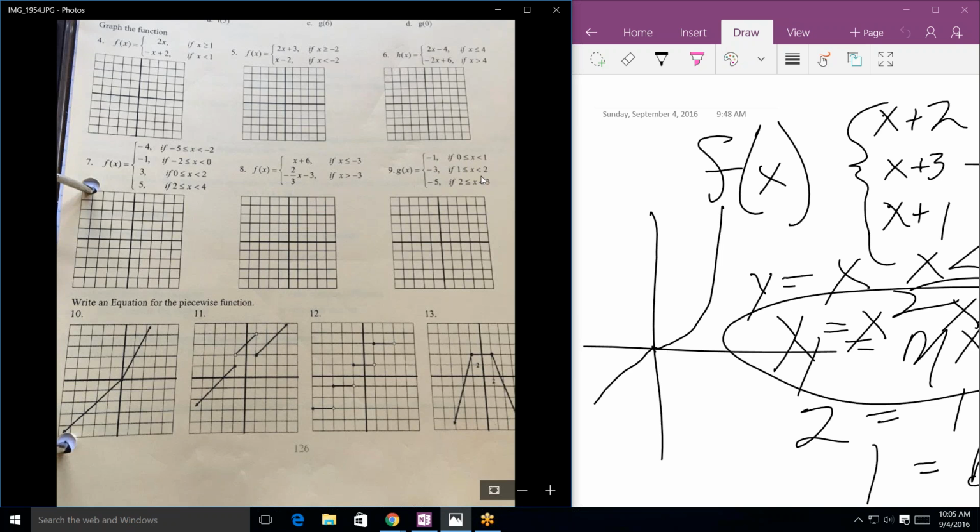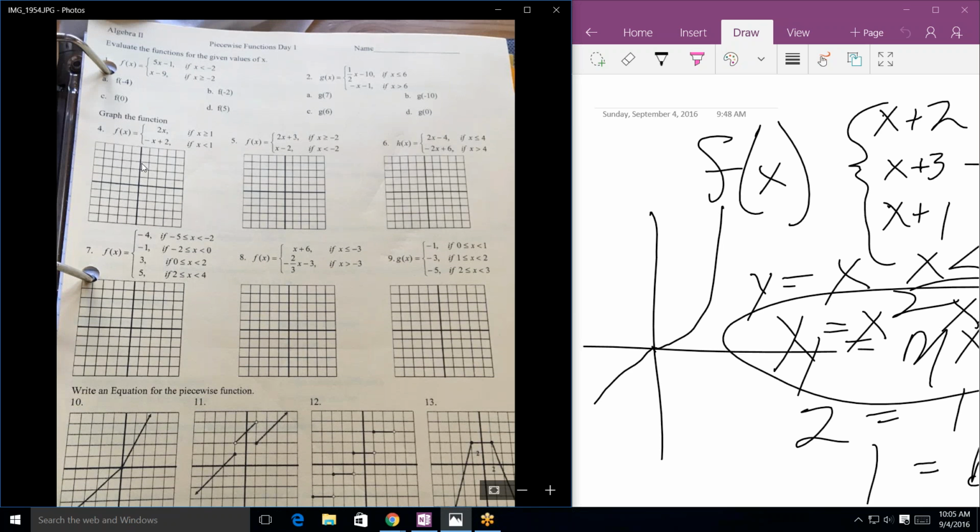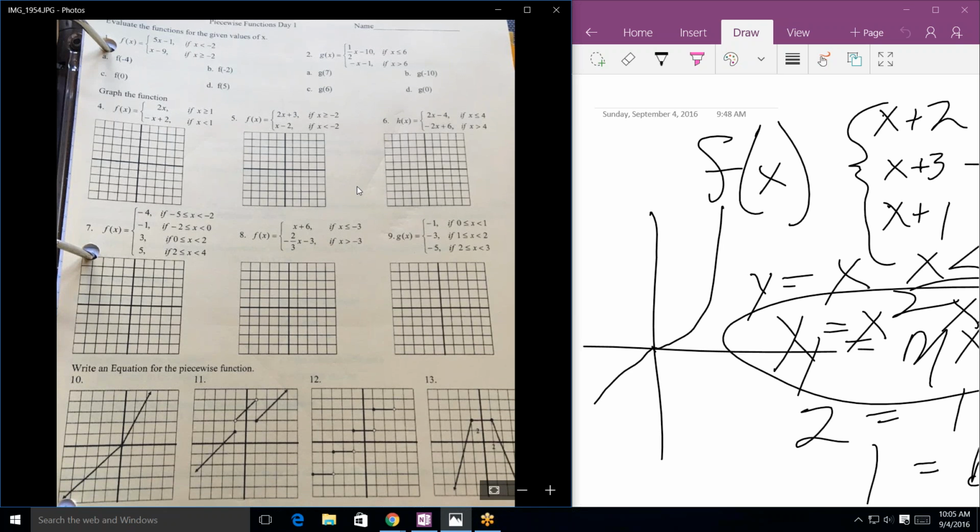Start with the domain. Now, I notice here they're going from left to right and top to bottom. These first problems went from right to left and top to bottom, and I don't like that. Notice number 9 goes from left to right and top to bottom. It starts out 0 to 1, then goes from 1 to 2, and then from 2 to 3.